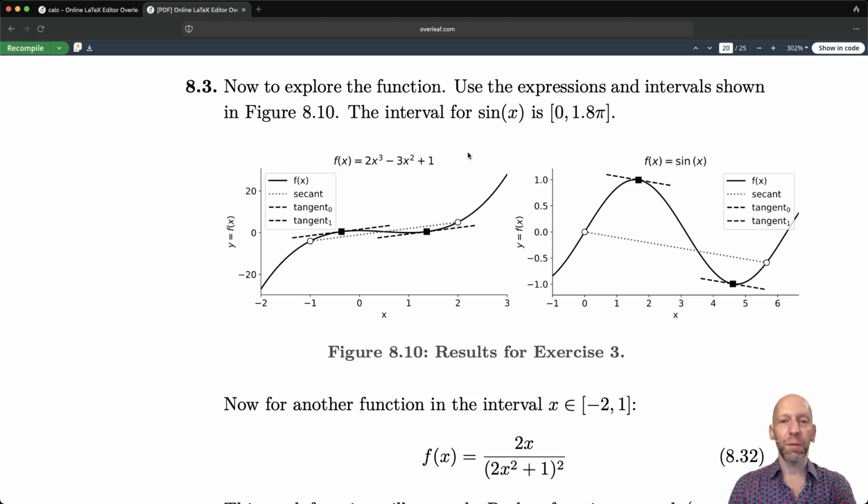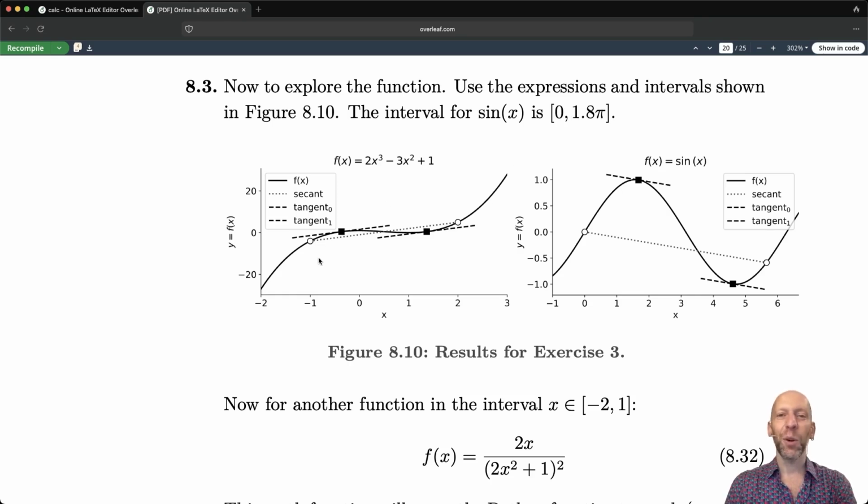So 2 of them you see visualized here. So this one is the function 2x cubed minus 3x squared plus 1 using the interval bounds of -1 to +2. Okay, so that's one thing we're going to do. And then the sine function, so sine of x, in the interval of 0 to 1.8 pi.